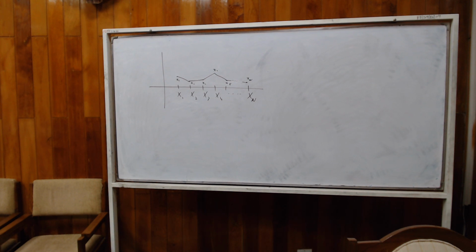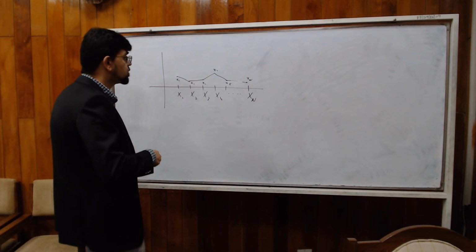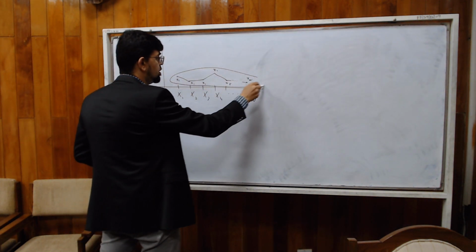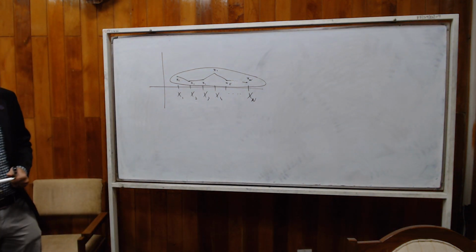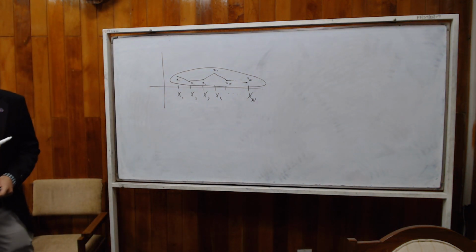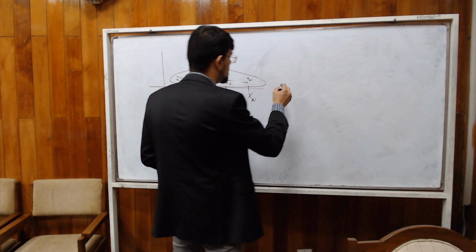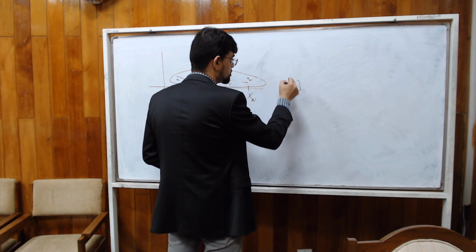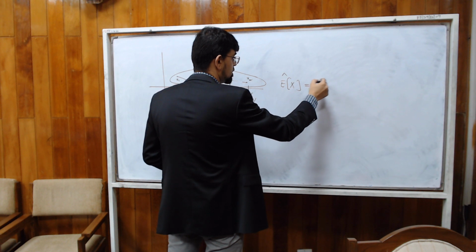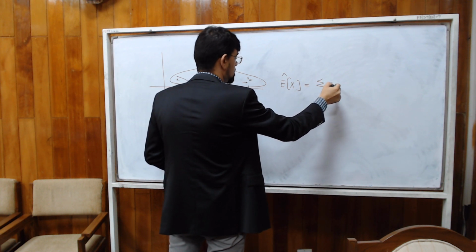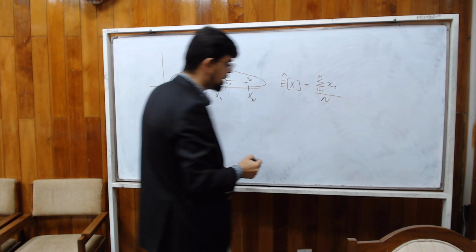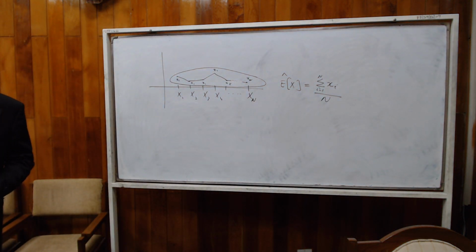Now, another strategy to get the mean might be that you take an arithmetic mean or average of this thing. So then what are you doing? You are saying, now my estimate of the mean is going to be the summation of x_i, i is 1 to n, divided by n.